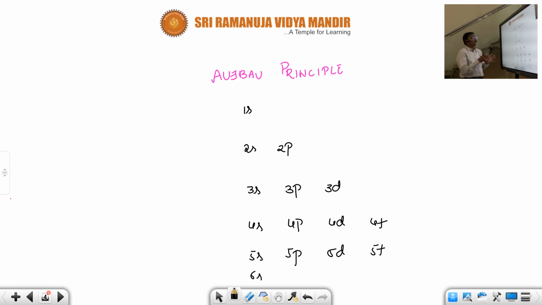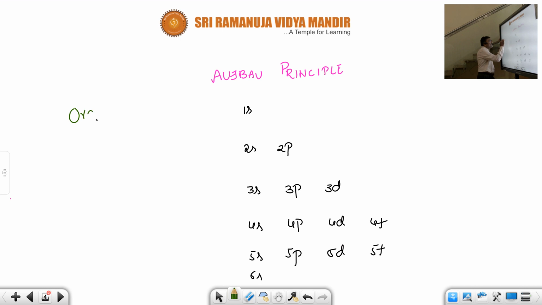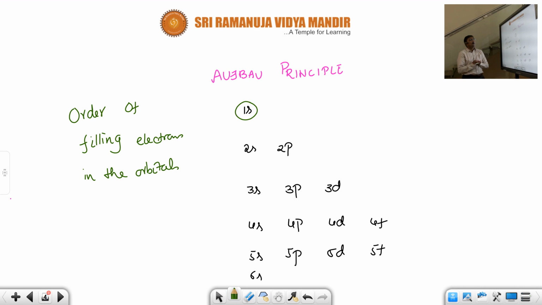So how to fill these electrons? What is the order of filling the electrons? The Aufbau principle gives an idea about the order of filling electrons in the energy levels. These are the orbits and these are the orbitals. So let us see. Now students, have a look.